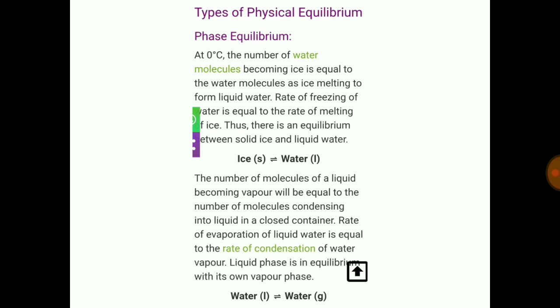The same substance exists in two different states where the chemical composition remains the same. This water has two states, liquid and gaseous, and the number of molecules turning into gas is equal to the number turning into liquid. This is the equilibrium state.